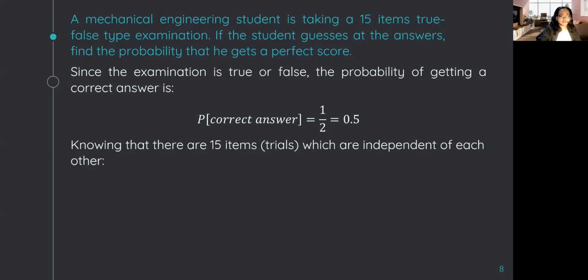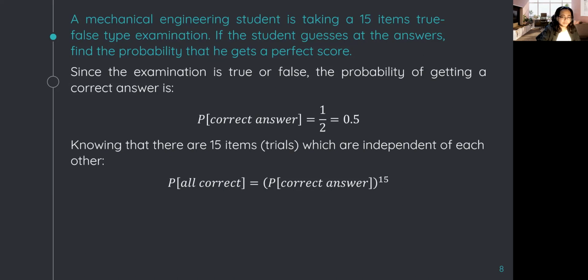Knowing that there are 15 items or trials, all of which are independent of each other, because answering the second question correctly does not affect the third question, we can simply get the answer by multiplying each chance for each trial altogether, which gives us 1/2 times 1/2 times 1/2 up until 15 trials, or simply the probability of a correct answer raised to 15.